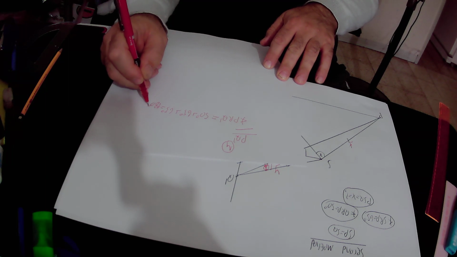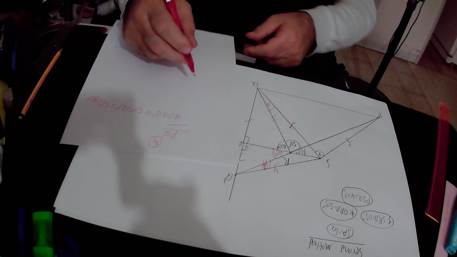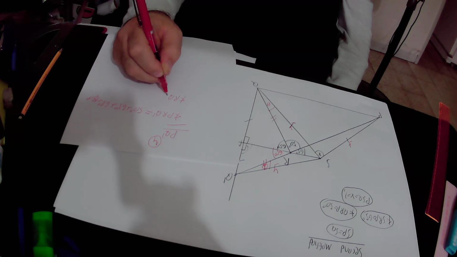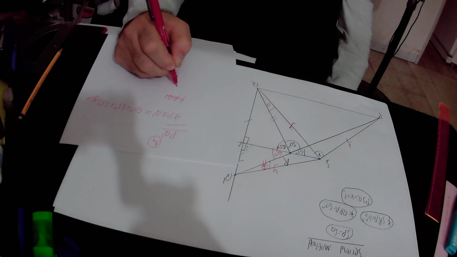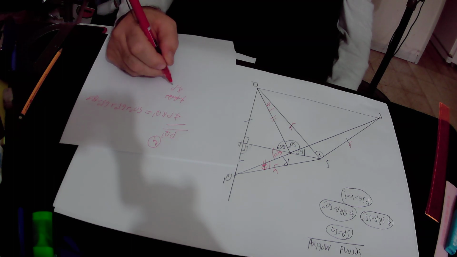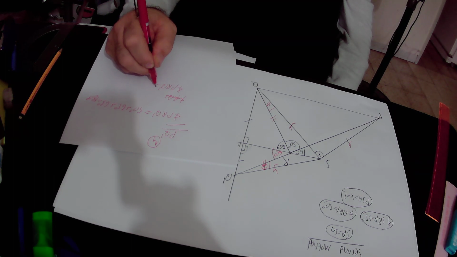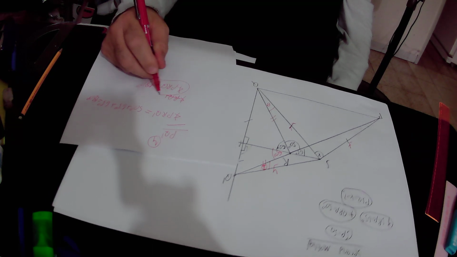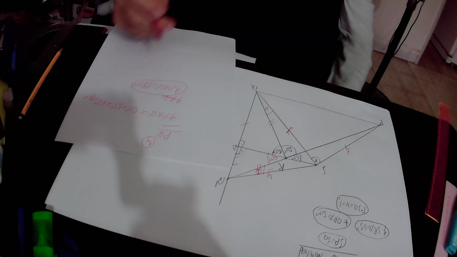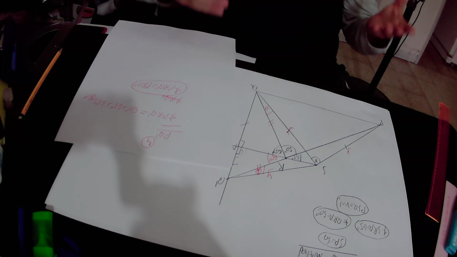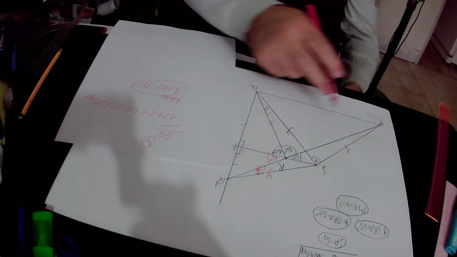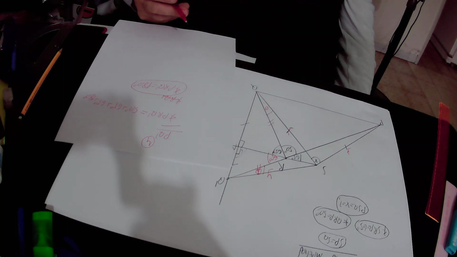So we have proved that angle PRQ dash equals 180 degrees. That is to say, PRQ dash is a straight line.